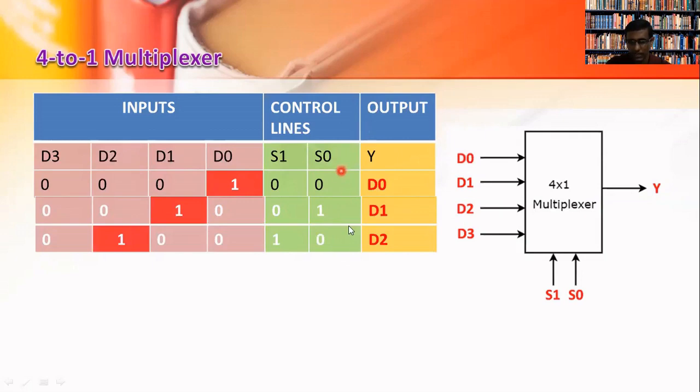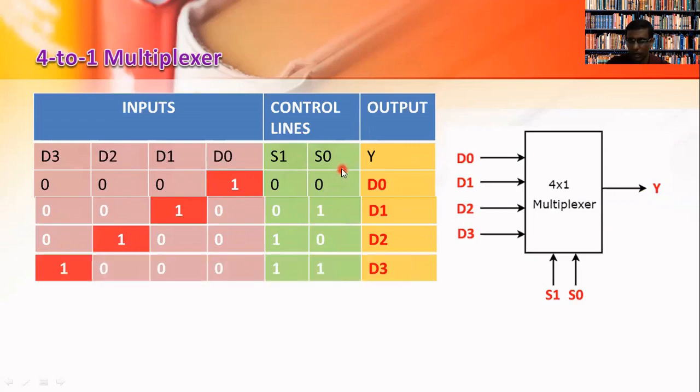When S0 is equal to 0 and S1 is equal to 1, we get D2 at the output. All other inputs get disabled. Last status, S0 is equal to 1 and S1 is equal to 1, we get D3 at the output. That means depending upon the status of this control signal, we can select or route different inputs to the output. This is 4-to-1 multiplexer.